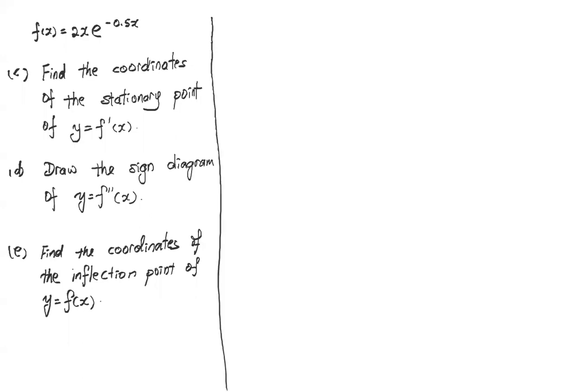We got the graph of y equal to f prime x. It looked like this. Do you have your note there? This is your y equal to f prime x graph. Everyone, I give you 5 minutes to tell me what is the coordinate of this point B.